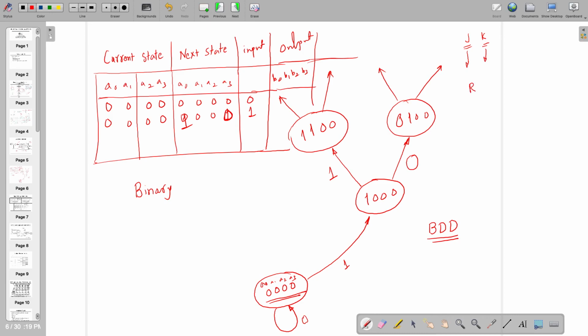If you are designing with RS, also 8 entries. But the easier thing, which all digital people use, is the D flip-flop. So you will have 4 entries. Let's call them DA0, DA1, DA2, and DA3.